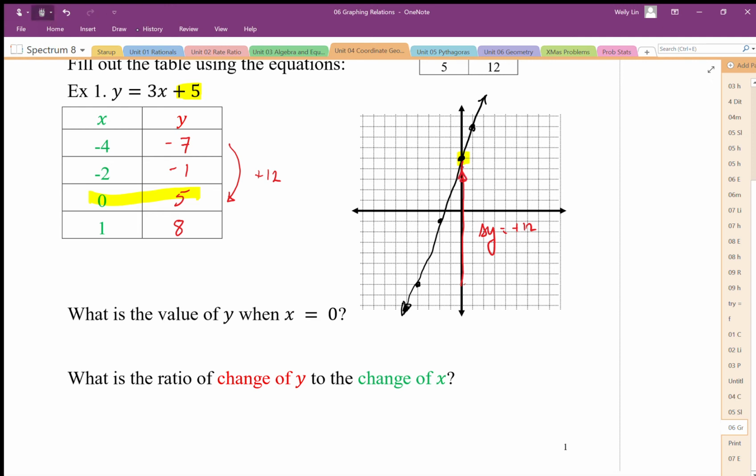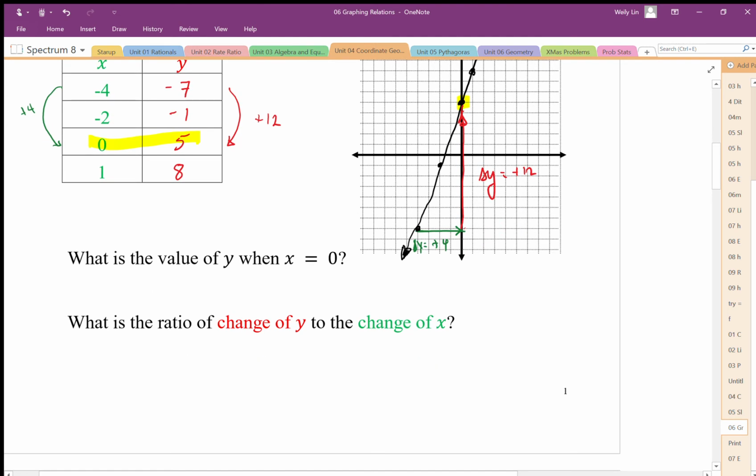My change in x, I need to show it on the outside of the table. So negative 4 to 0 is plus 4. So it's going to be a plus 4 change. There's my change in x. So what is the ratio of change in y to change in x?